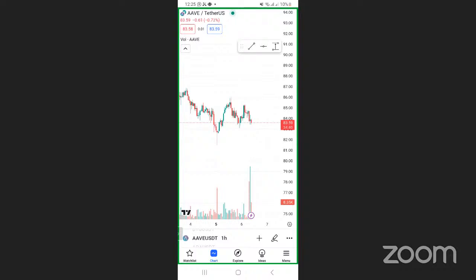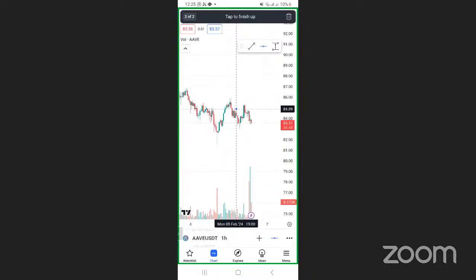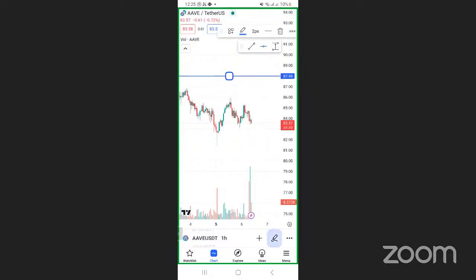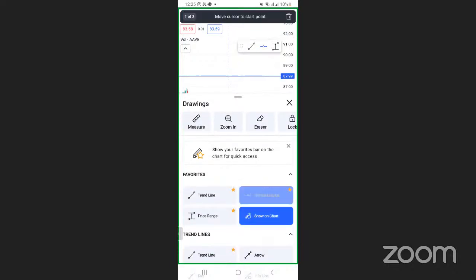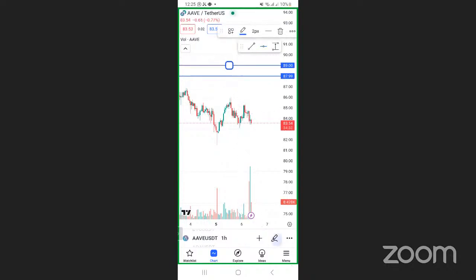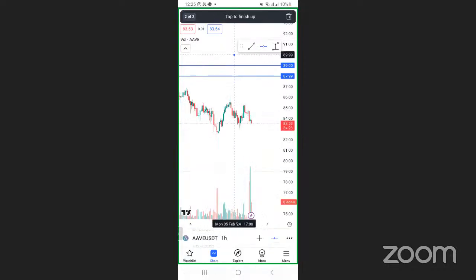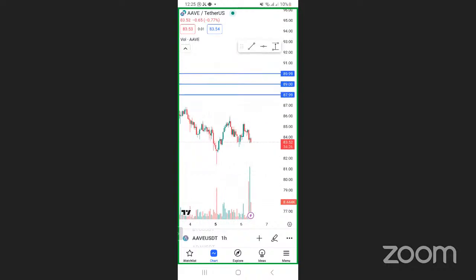When you have a storage building, let me try to get somewhere I can draw. Okay, that is my first line. This is my second line. I'm just helping you understand what this means, and then I'll show you how best to use these indicators. Okay, and then we shall go to the indicator.